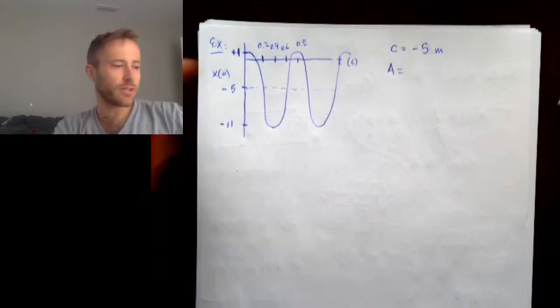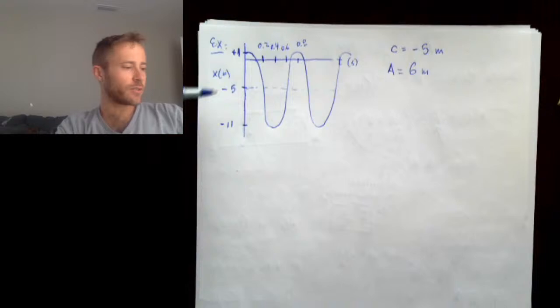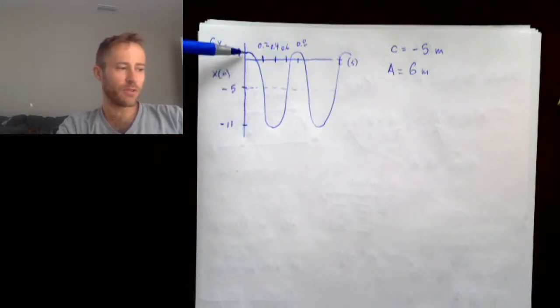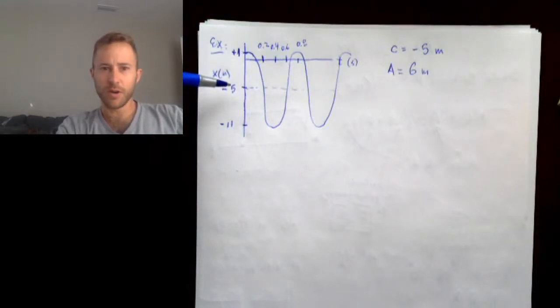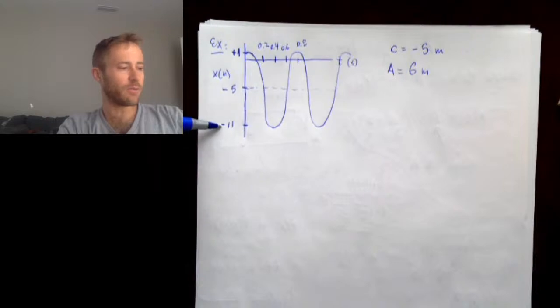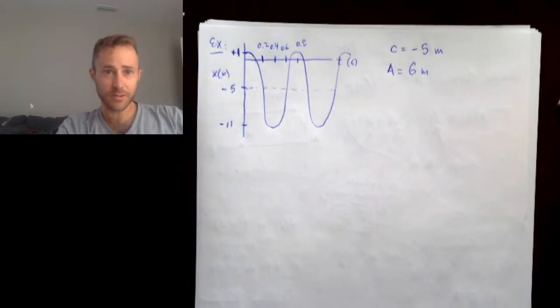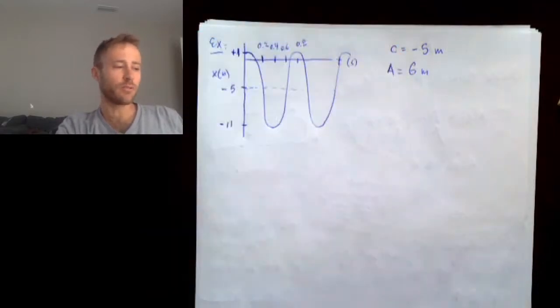The amplitude is 6 meters. Very good. How do we know it's 6? Because the farthest that this graph goes from x equals -5 is 6 meters away. The distance between -5 and -11 is 6. The distance between -5 and +1 is 6. So the amplitude is 6 meters.